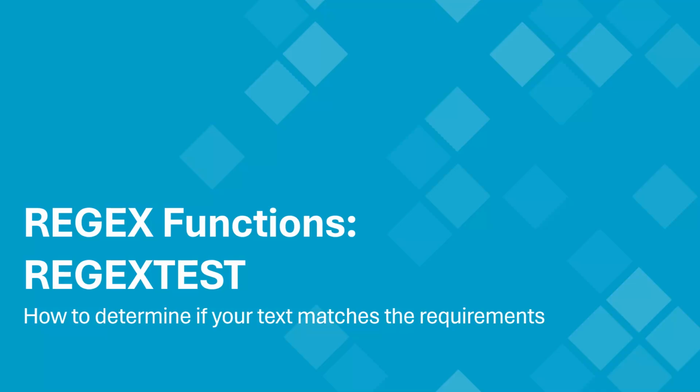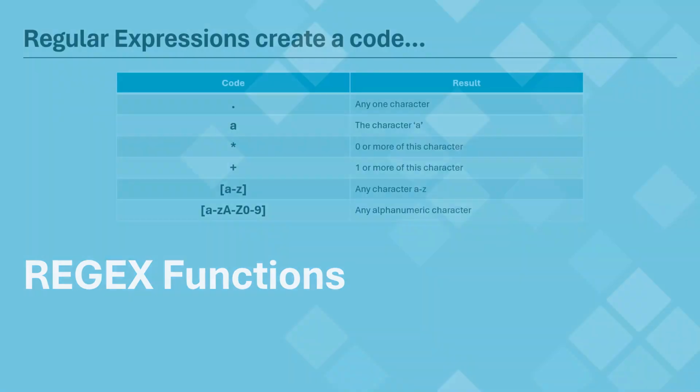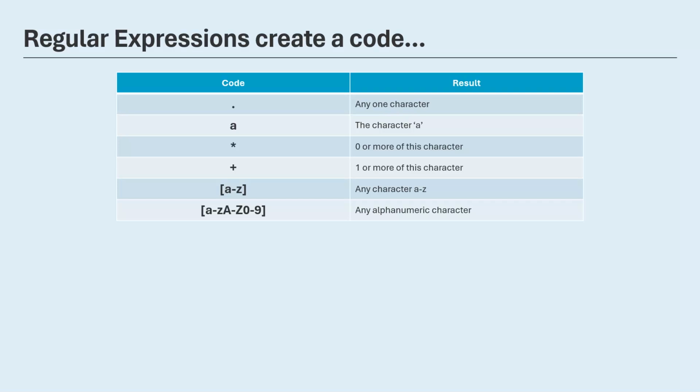So again, regular expressions are codes that help us to understand whether text matches a certain pattern or not. There are plenty of situations where you ask yourself, is this a valid credit card number? Is this a valid email address? Is this a valid location?